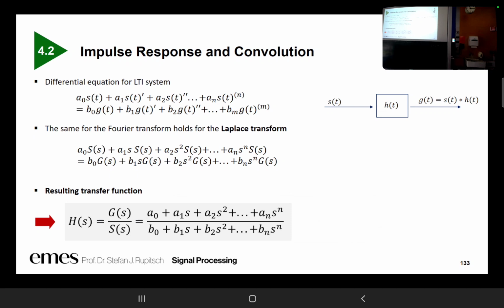That's the only difference. Again, we can use this differential equation of the LTI system to deduce the transfer function of our system directly.